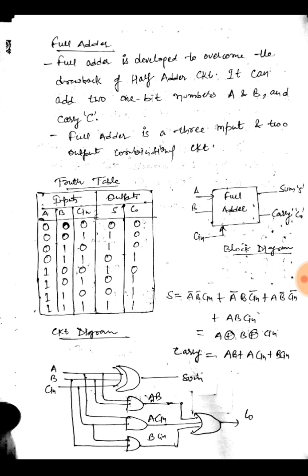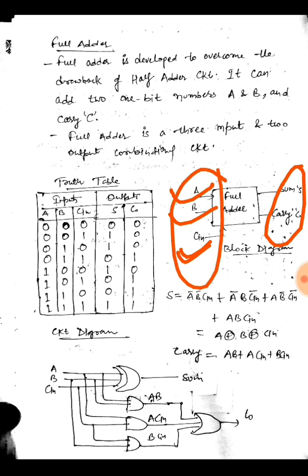So full adder is a 3 input and 2 output circuit. Two inputs are A and B, that is the 2 bits, and C in is the previous carry. So it will generate sum and carry out of these 3 bits.